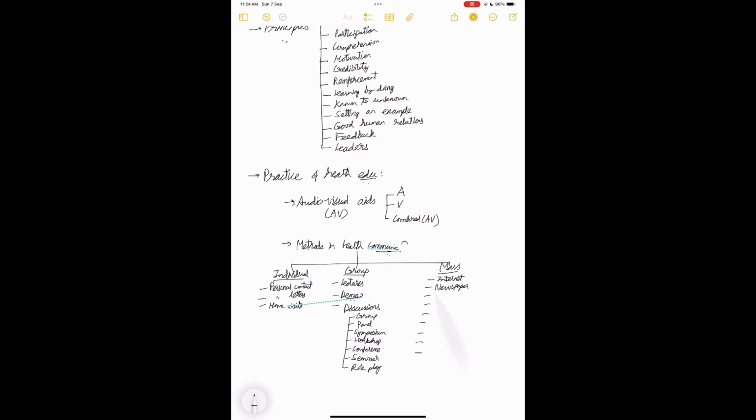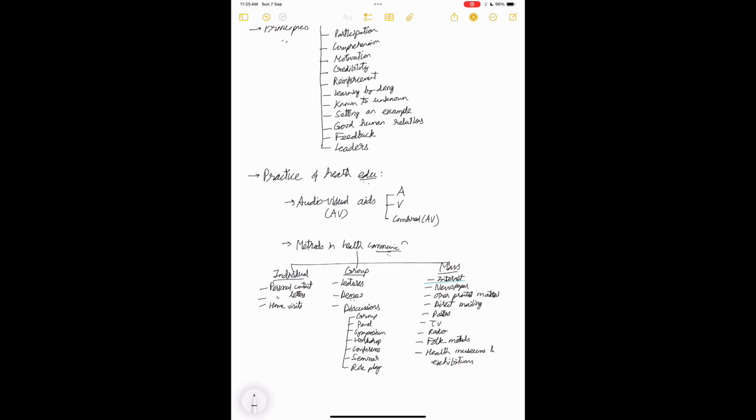So it's important to differentiate between the various methods of group discussion like panel, symposium, workshop, conference, and seminar, because these are sometimes favorite trick questions that can be asked in exams.